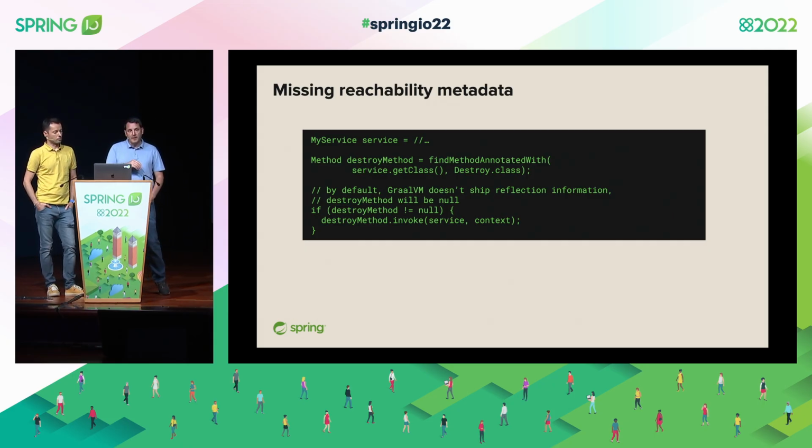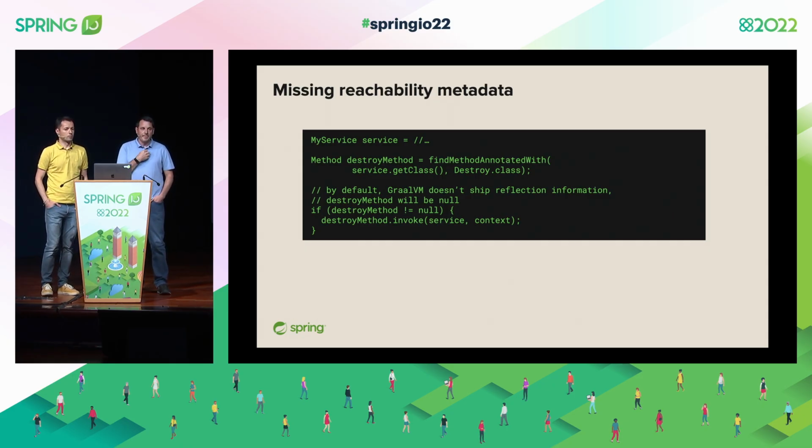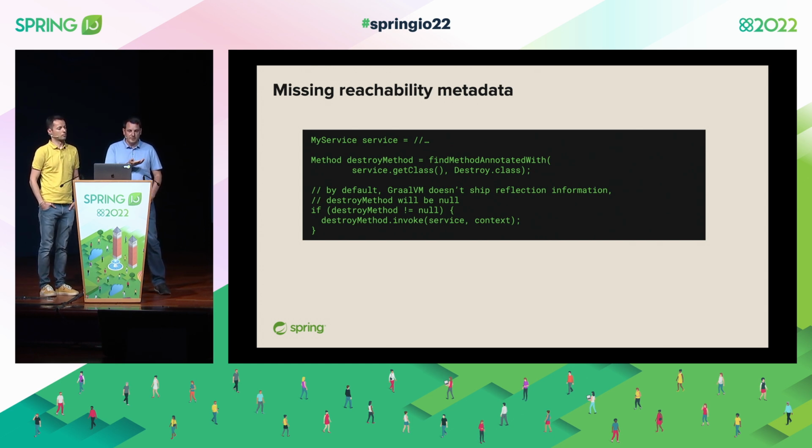The problem here is service.getClass. If GraalVM cannot infer that to be a constant, it will never be able to know which class it is, won't be able to inline, and so it won't know on which class it needs to add reflection information.